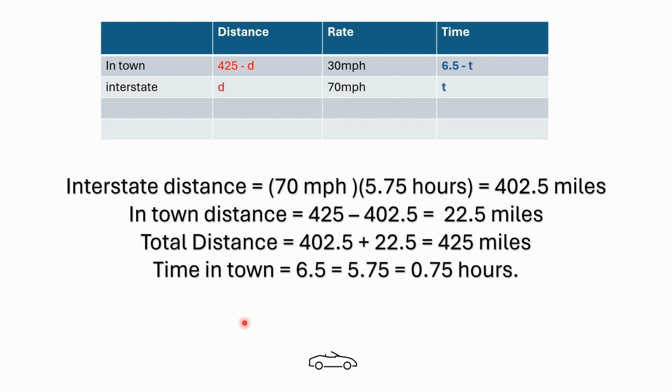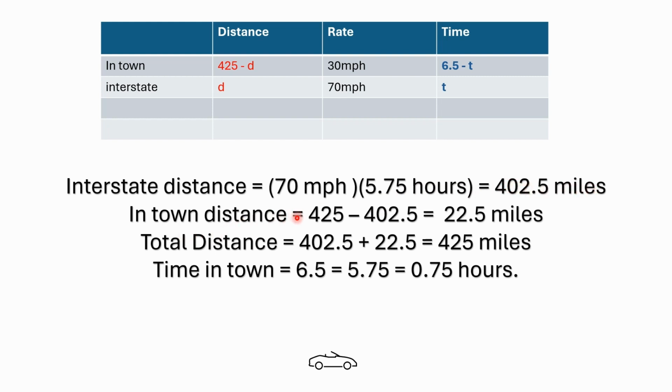So we already know the interstate distance traveled is 70 times the time. And we just figured out that that was 5 3/4 hours driven on the interstate. So if you take 70 miles per hour times 5.75 hours, you'll end up with 402.5 miles.